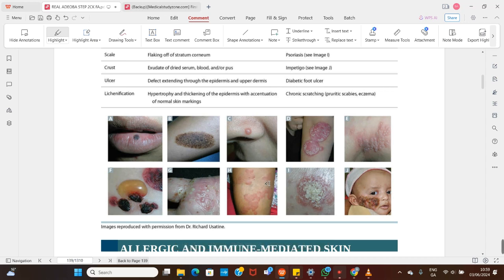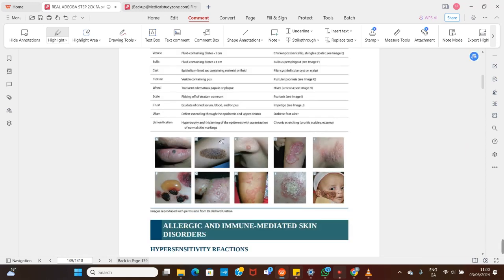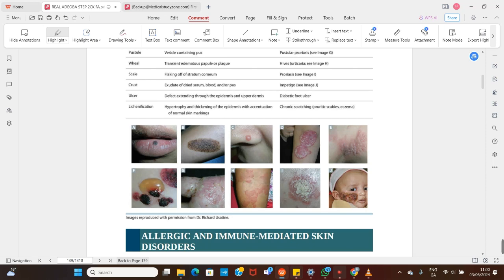That transient pattern. Then we have the crust. The crust is just exudate of dried serum, blood, or pus. So most of the time you have bursting of these bullous lesions, bursting of these pustular lesions, bursting of these hemorrhagic lesions.